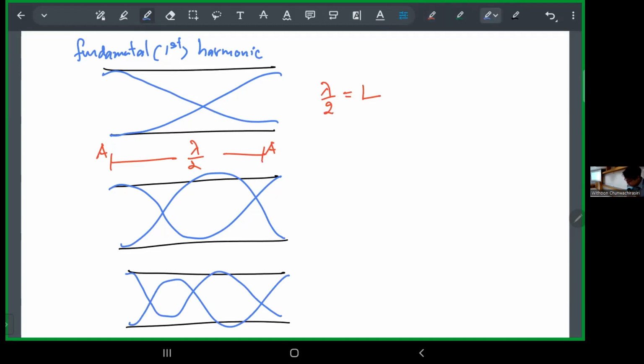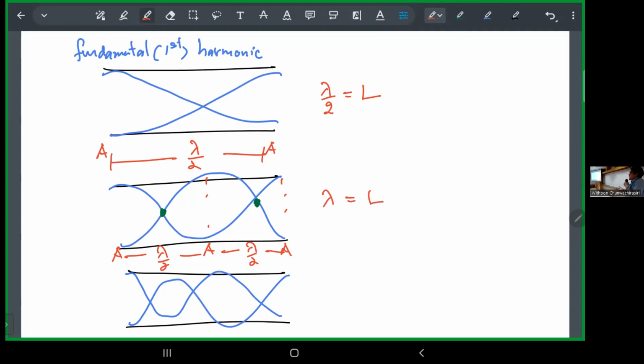But if I want to do one more twist, no problem. That's a node, that's a node. So that's an antinode, halfway is an antinode, that's another antinode. So it's two of the lambda over 2. In this case, lambda is the length of the tube.